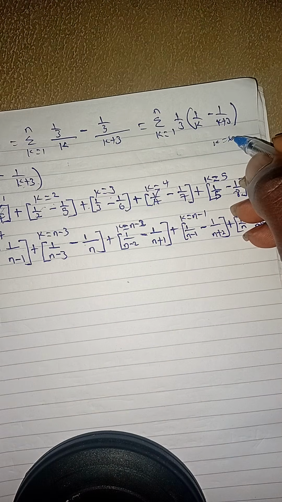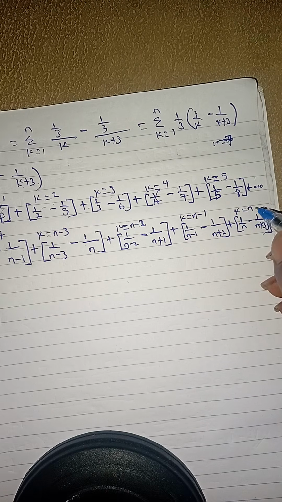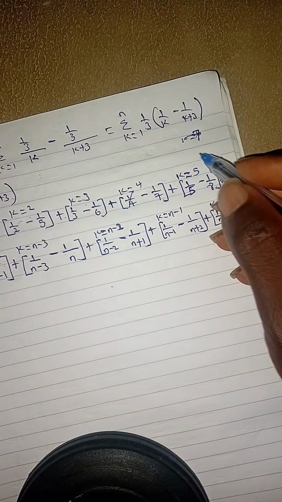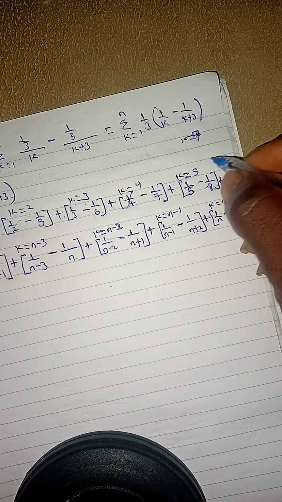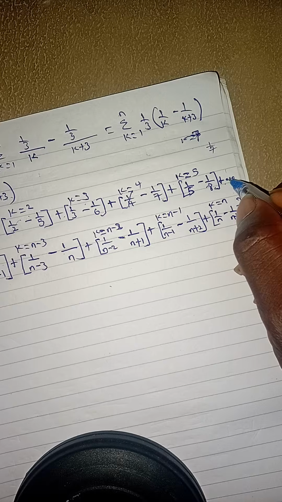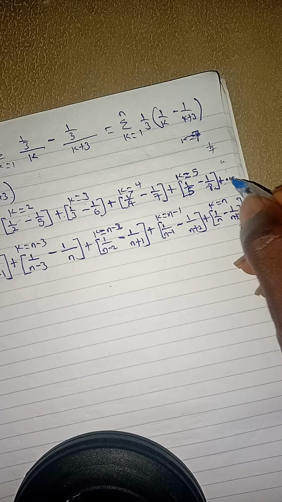If I were to show for k equals to 7, the next term here, we start with what? Since I have 1 over k, if I want to put k equals to 7, what will I have there? I will have 1 over 7, right? There's 1 over 7 somewhere here for k. I stop at k equals to 5 and I skip.